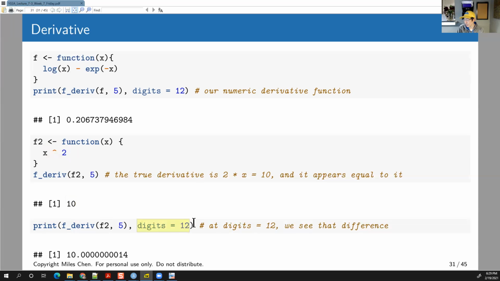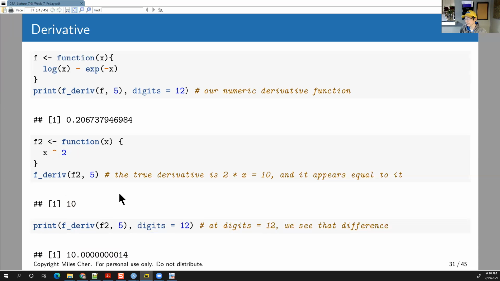If you say digits equals 12 and you ask for additional digits, now you start to see the results of the approximation. It's not exactly 10. It's pretty close to 10. It's 10.0000000014. Okay, so we're off by a very small number, but I'd say this is a pretty good approximation to the actual value here.